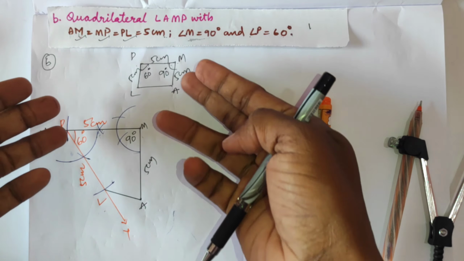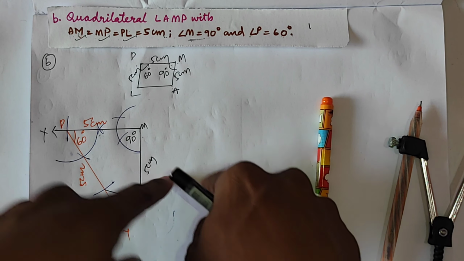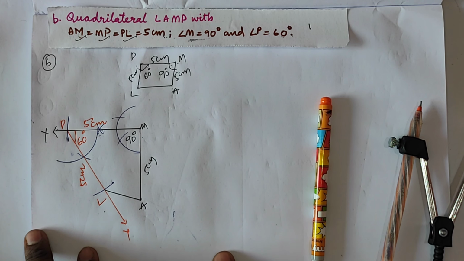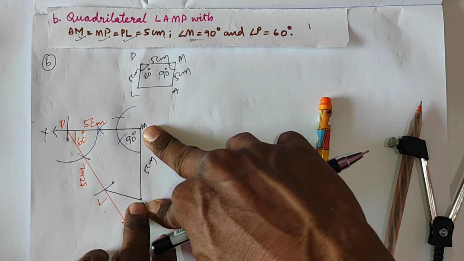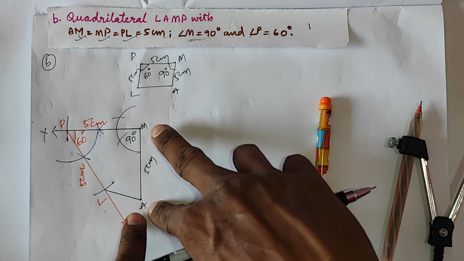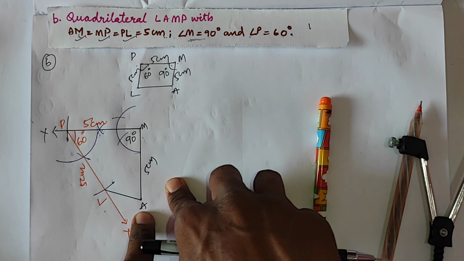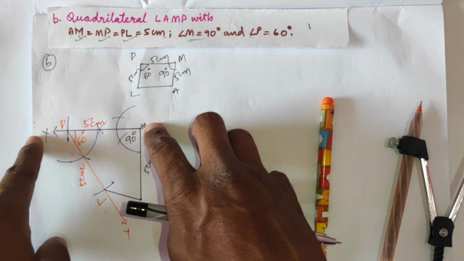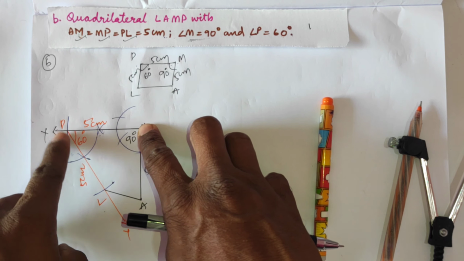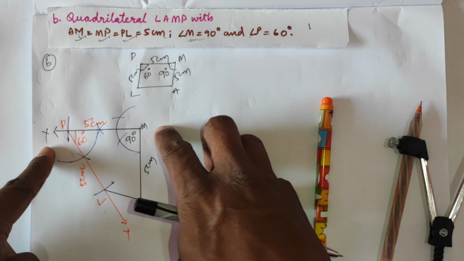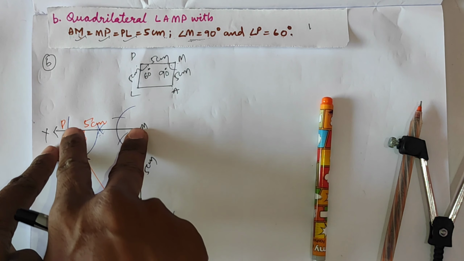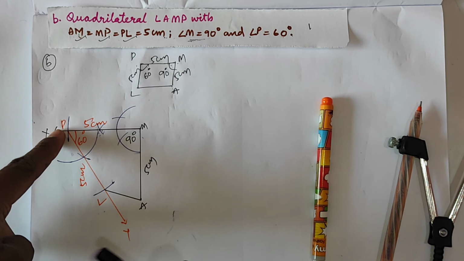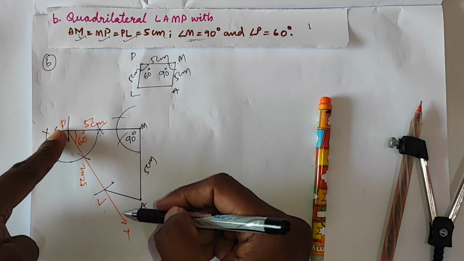Otherwise, you can consider the PM length first. You will get the same quadrilateral, but as per the dimensions, I took it here. So first, what did we do here? We took the line segment AM first. First, we did a rough sketch. Then we took AM as 5 centimeters. Then we constructed 90 degrees here. So we drew an arc as MX and gave MP a length of 5 centimeters. Considering MP as the radius, cutting this ray, we got 5 centimeters here. Then angle P is given as 60 degrees.